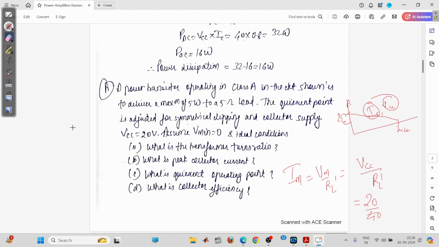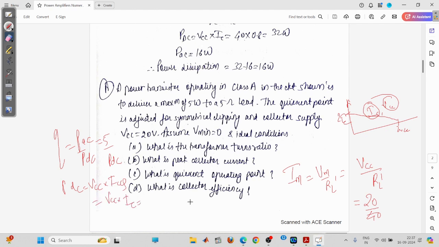So collector efficiency will be equal to PAC upon PDC. PAC is given, that is 5 watt. PDC is unknown to you. So PDC will be equal to VCC into the operating point, that is ICQ, VCC into IC.